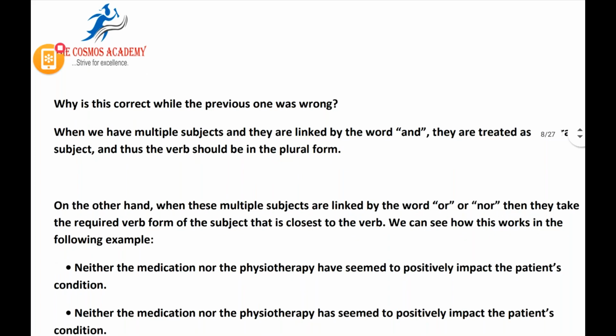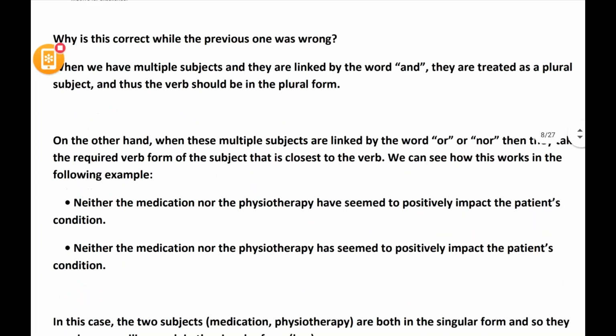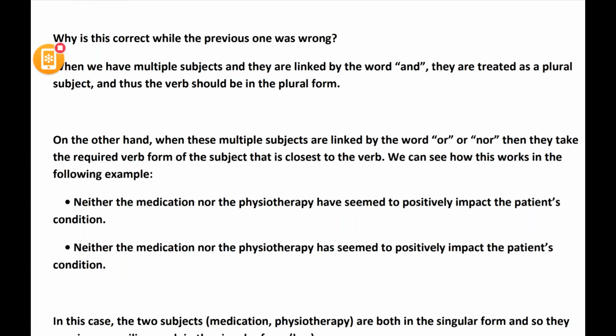I'll give you an example now. Neither the medication nor the physiotherapy have seemed to positively impact the patient's condition. Now, how many subjects are there? There are two subjects.